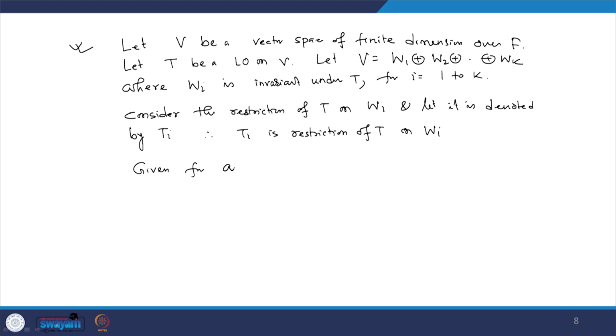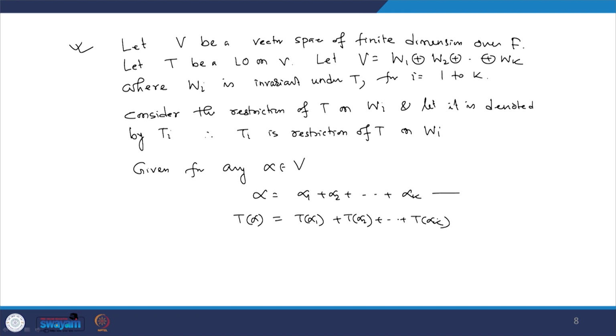It is given that for any alpha belonging to V, alpha equals alpha 1 plus alpha 2 plus alpha k. So, T of alpha equals T of alpha 1 plus T of alpha 2 plus T of alpha k, but alpha 1 belongs to W 1.